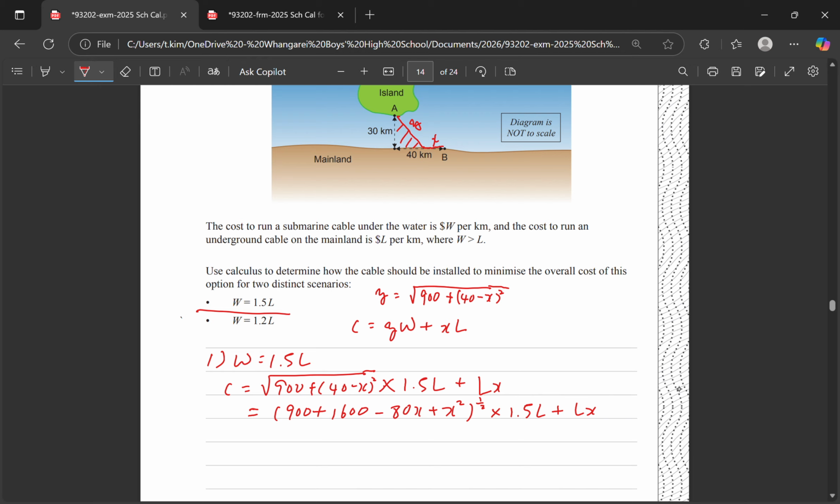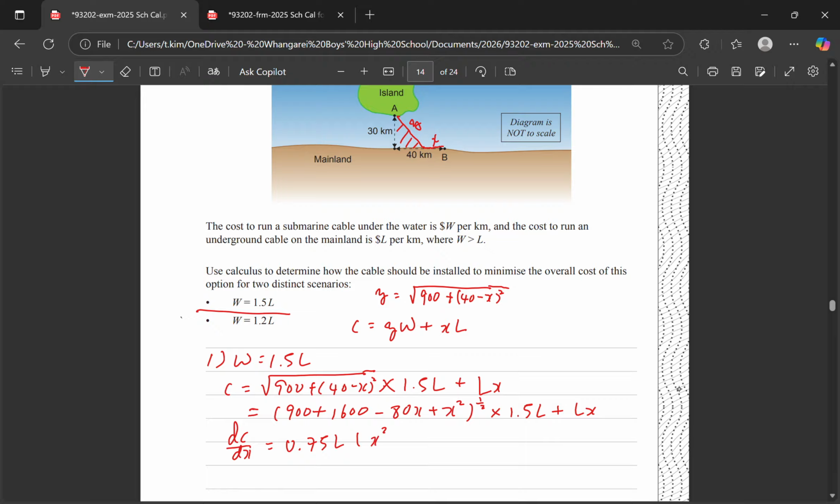So what's dC/dx? Well, 1.5 L stays the same, but half the index comes to the front. So half of 1.5 is 0.75 L, and differentiate outer. By the way, it's 2,500.